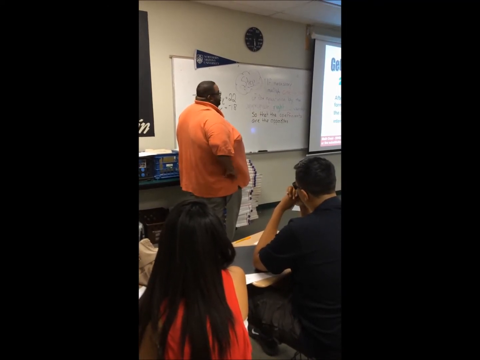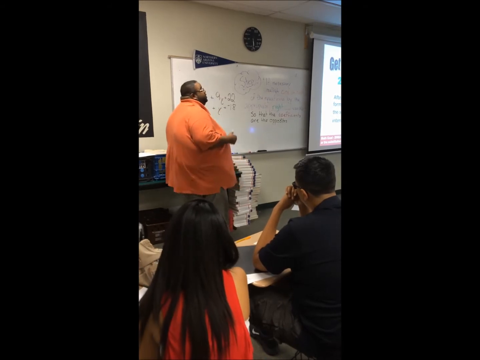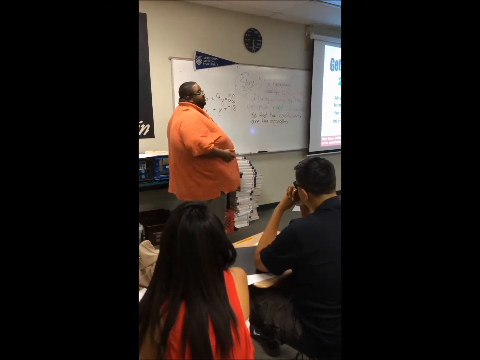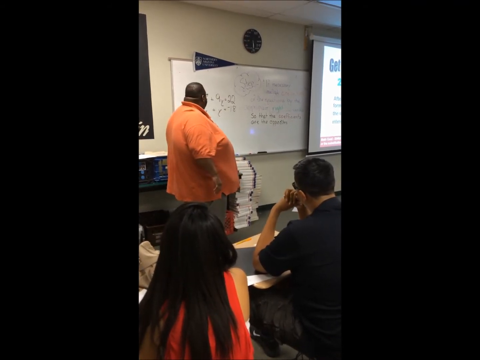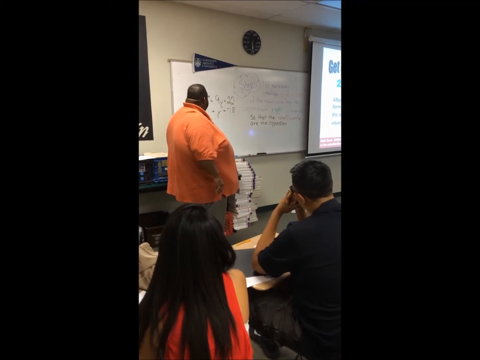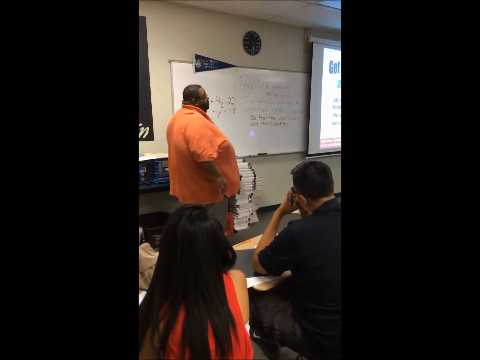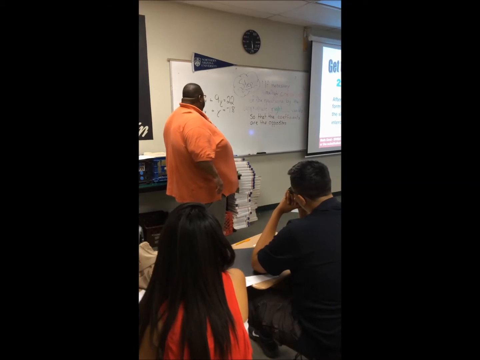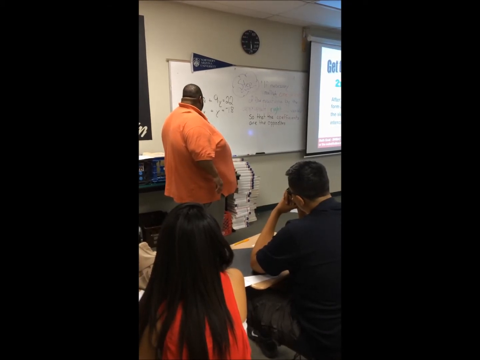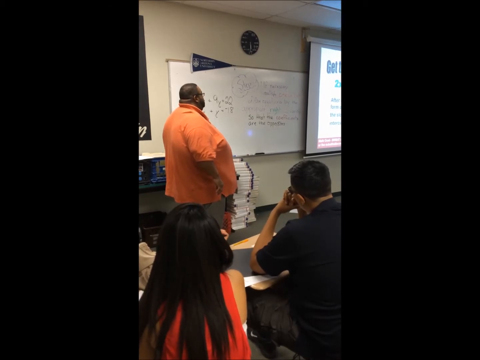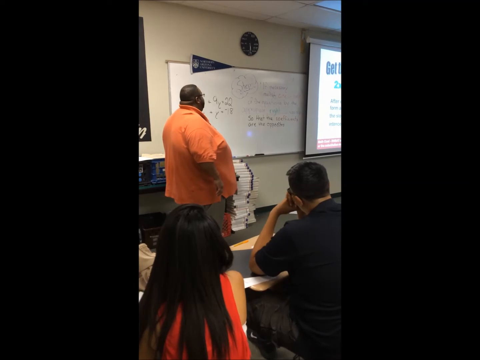I have 180. Oh, but that's not 18, that's negative. So it's going to be positive 180. But my y still won't cancel out. Oh, I'm messing up here. My y still won't cancel out. What do I need to do?